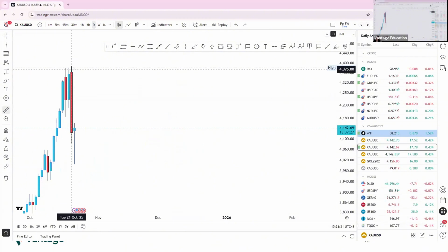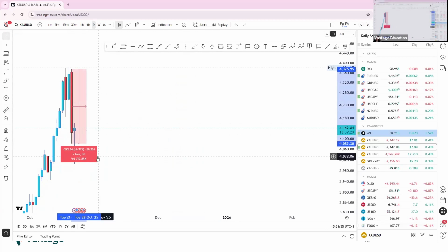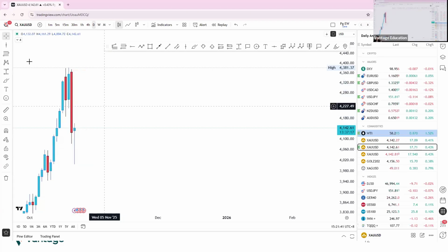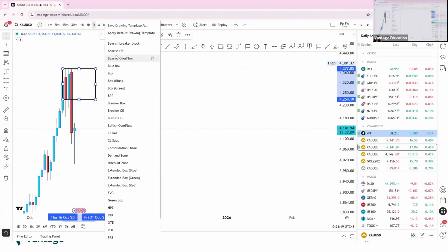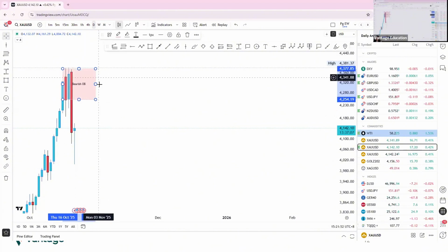Yesterday's move was almost 3,000 pips within a day. Yesterday's candle closed with a bearish engulfing, and then they created the bearish OB. This is our bearish OB.